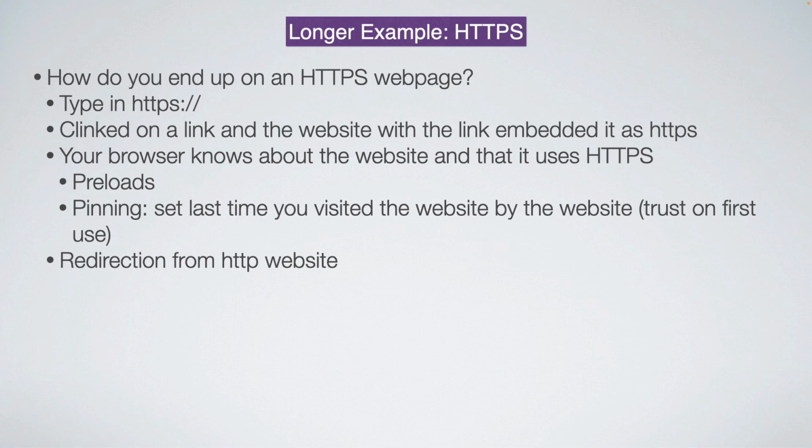This is actually sort of a nice security principle. In order for me to set that pin, you do have to come to me the first time. And if you come to me and there's an adversary between us, the adversary can basically stop that pin from getting set. So what we assume is that if you can connect to me once correctly, then I can protect all of your future connections.